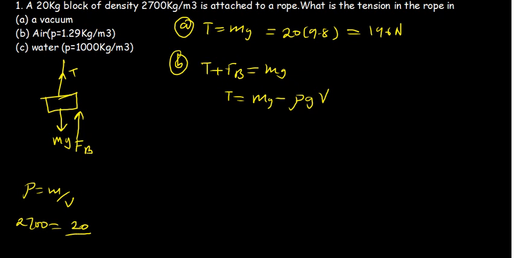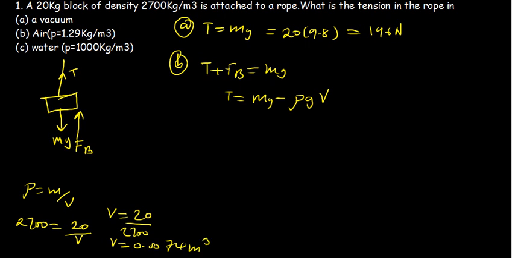What is its volume? Volume is going to be given by 20 divided by 2700, which is 0.0074 meters cubed.